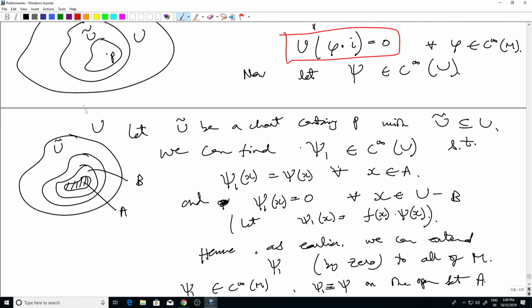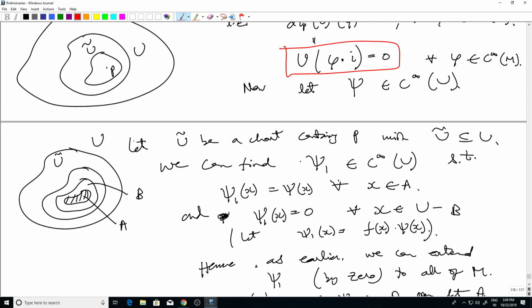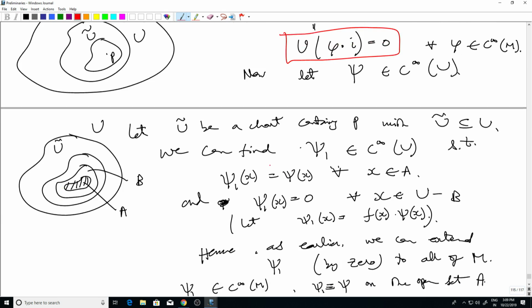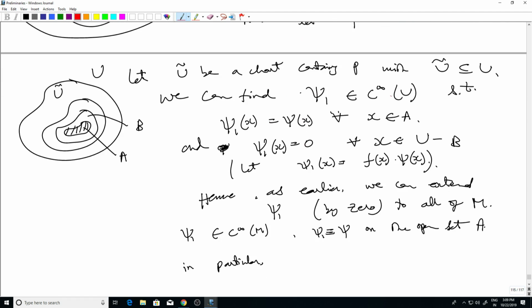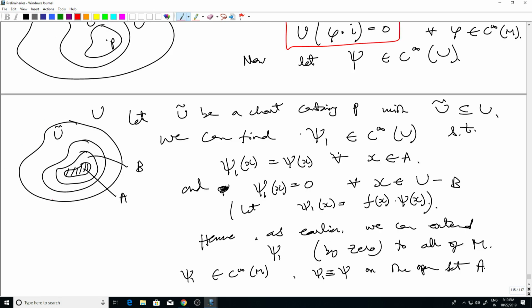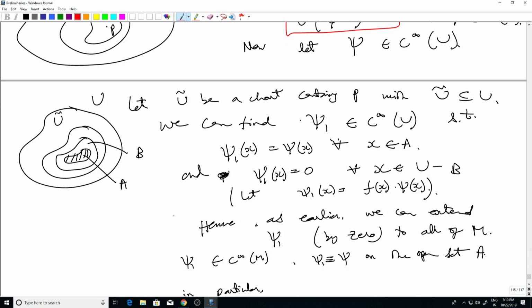So again, I go back to the proof of the lemma, where I had this U tilde, A and B. I'll use the same notation as in the previous lecture. What I'll do is take this C of x, which is defined on all of U, and multiply it by this cutoff function f of x, as defined earlier.